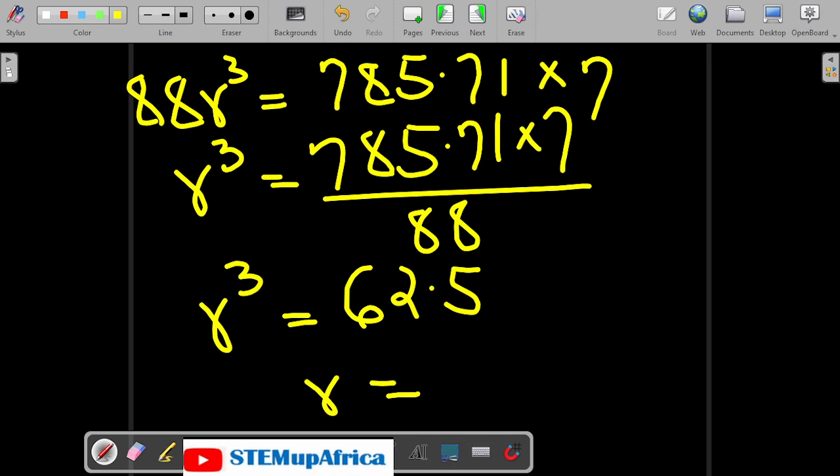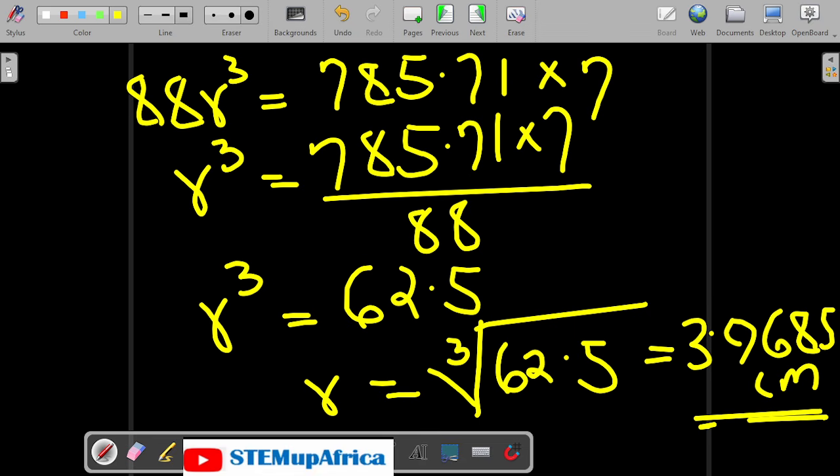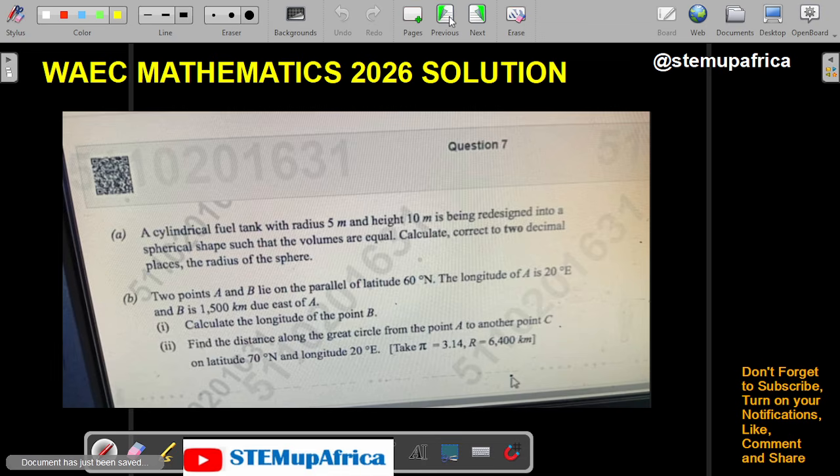So my radius now becomes the cube root of 62.5. What is the cube root of that value? Our answer is 3.968. This is now the radius of the sphere, according to question 7a. So let's look at question 7b.